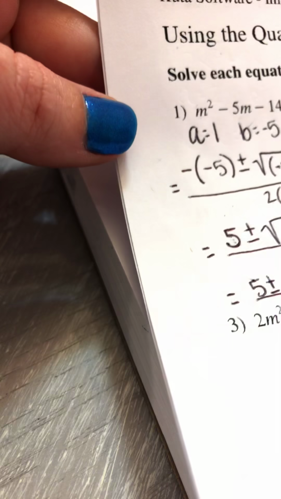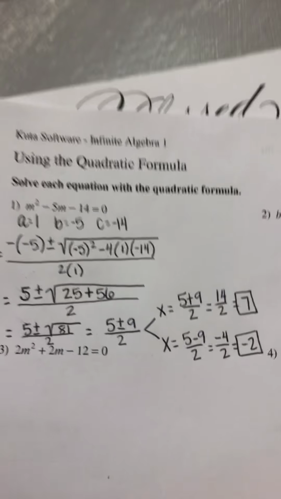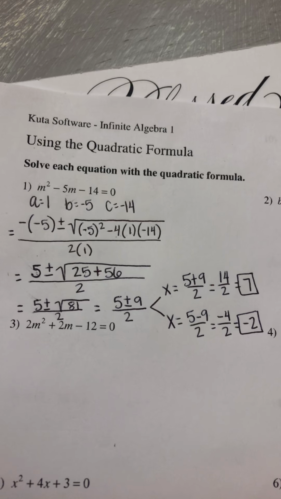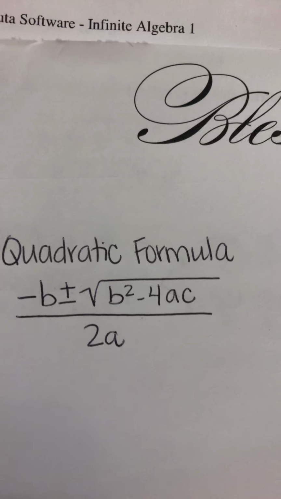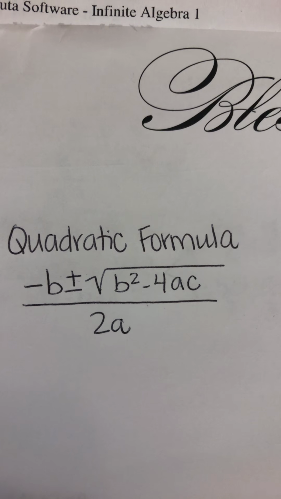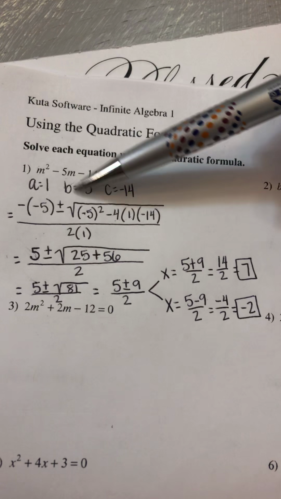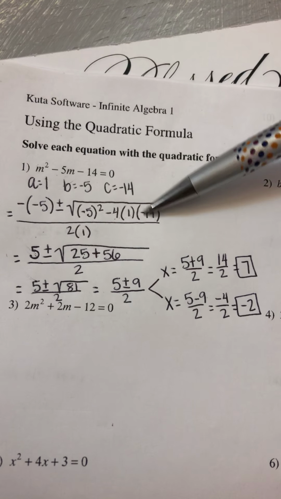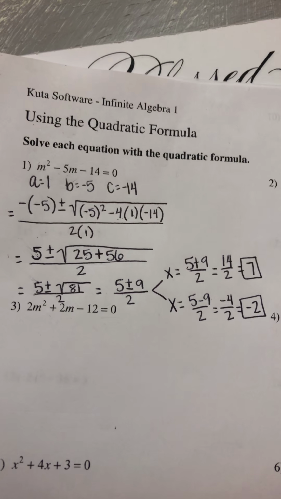So it's very easy. I'm going to zoom out here. It's very easy to make a mistake. First of all, you've got to memorize this formula. Substitute in your ABCs and you get this, and then all you have to do is just simplify with basic algebra.